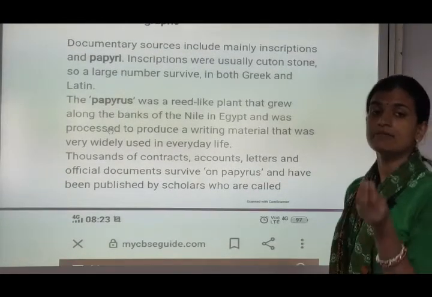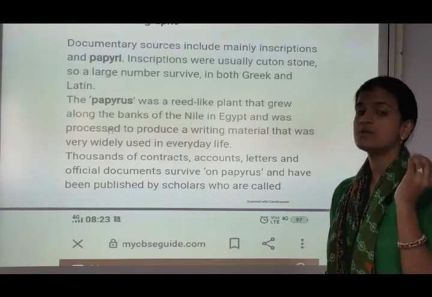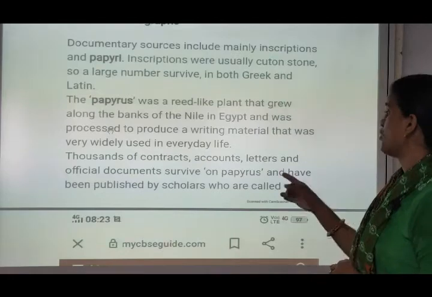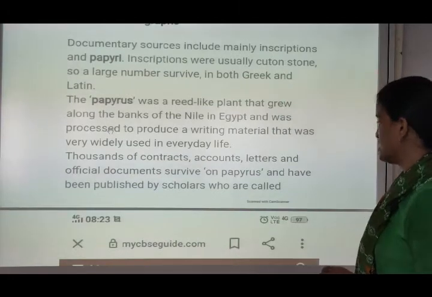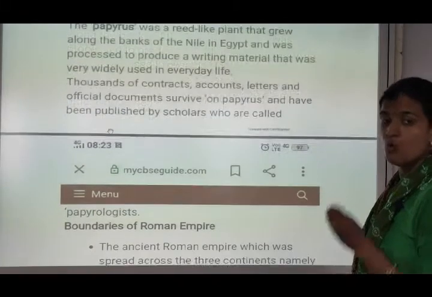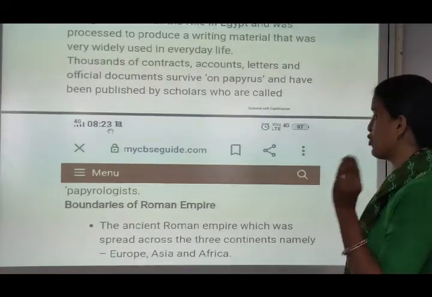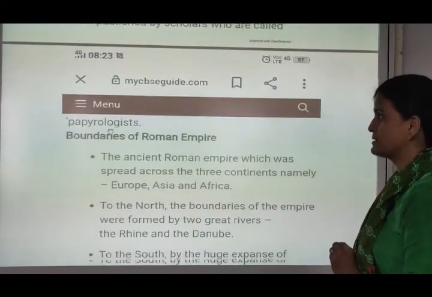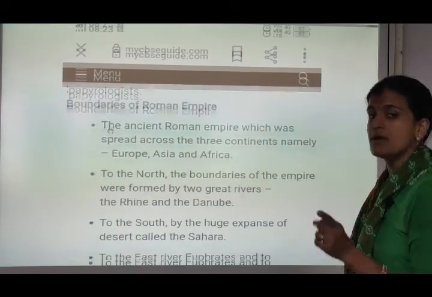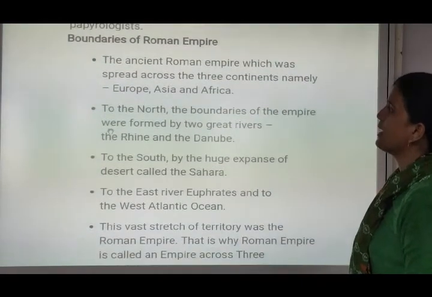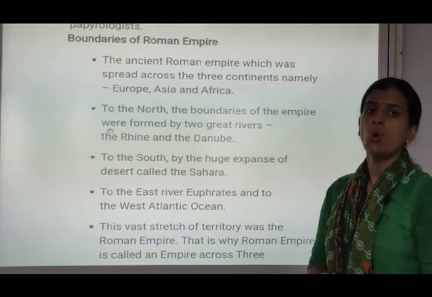These have been published by scholars who are called papyrologists. Whatever inscriptions and documents are written on papyrus are studied by the papyrologists. Now we come to the boundaries of the Roman Empire.